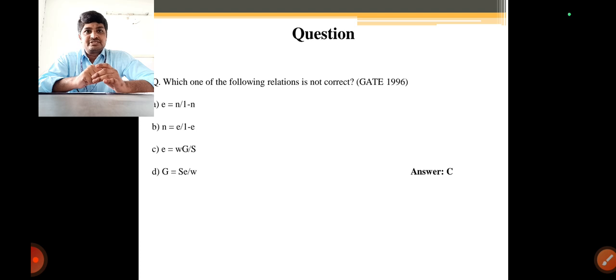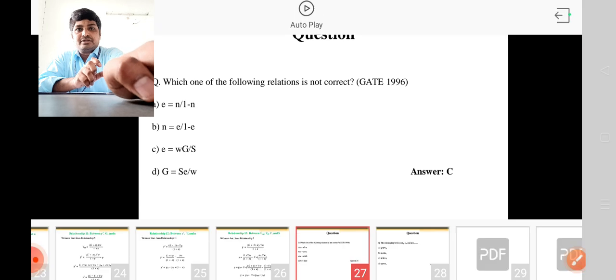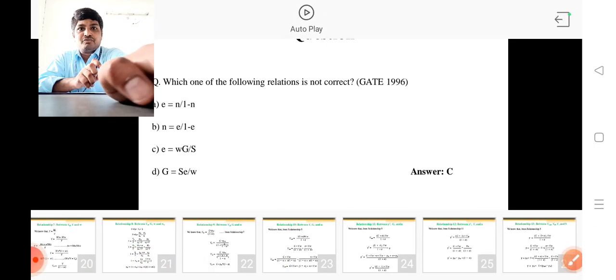So answer B is the correct answer. Please make it correct: it is not C, it is B, because the question asks which relation is not correct. So B is not correct, because porosity n is equal to e by (1 plus e), as we already saw in derivation 1.